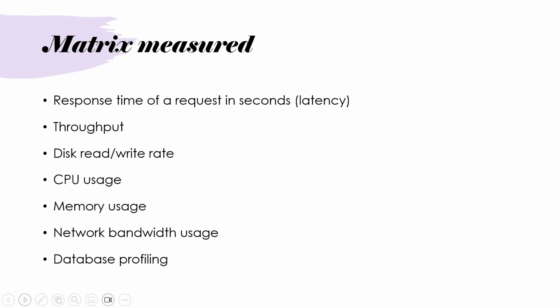Also, we can monitor the resources like CPU, memory, and also measure the network bandwidth usage, and we could do database profiling during this test. With this input, we can conclude whether there's a bottleneck or whether there's a degradation of performance.